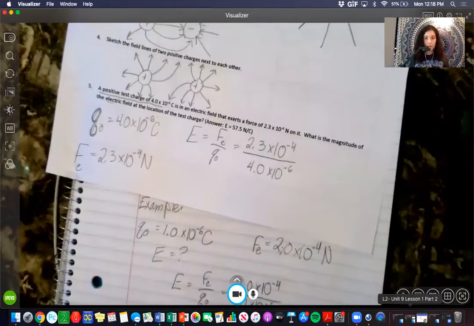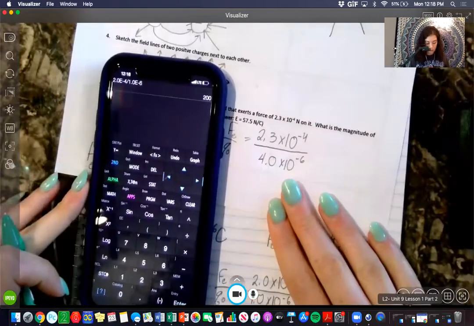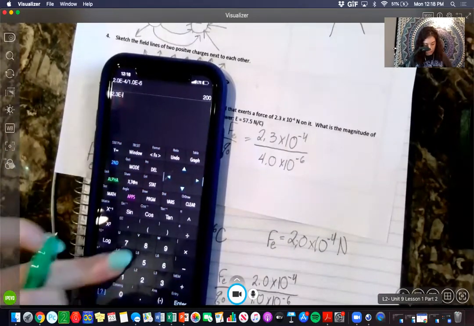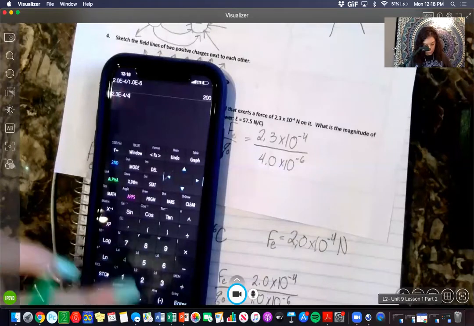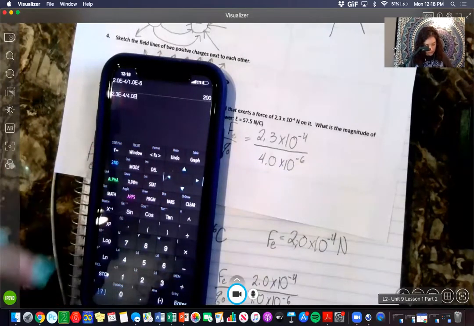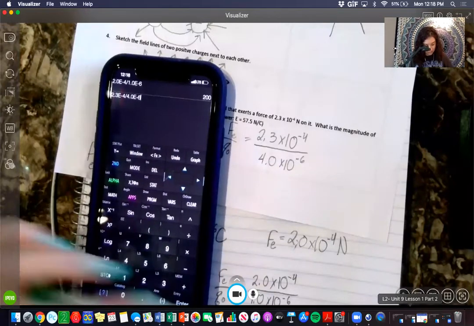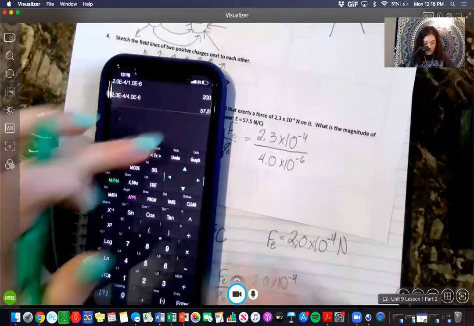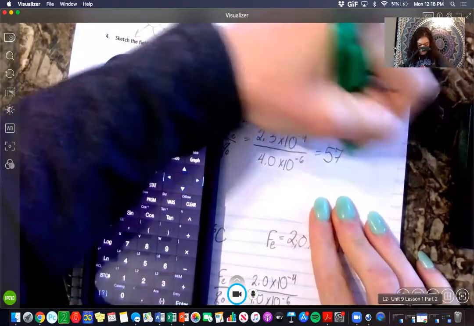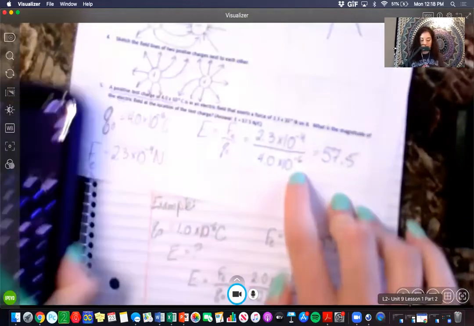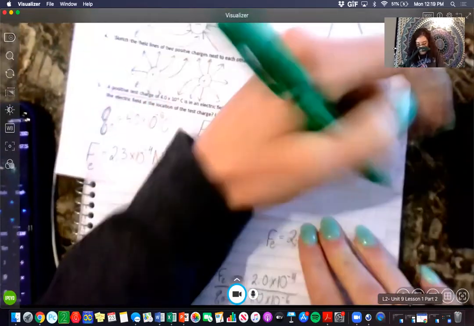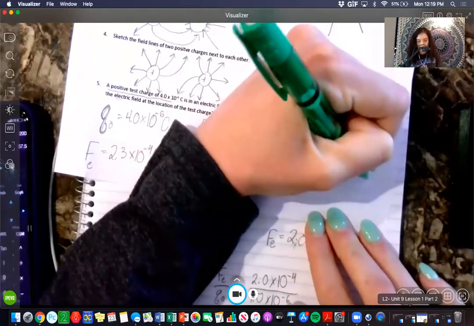So we've got 2.3 times 10 to the negative 4 divided by 4.0 times 10 to the negative 6. That gives 57.5. My units are going to be newtons per coulomb.